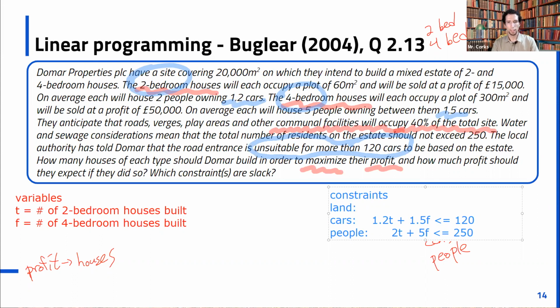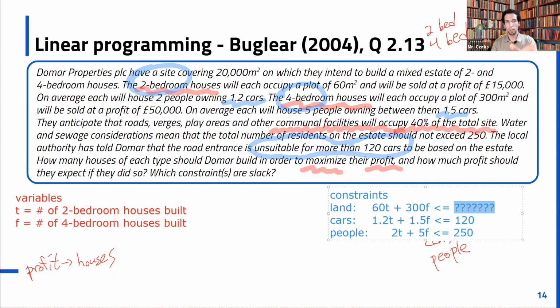Okay, land. Let's do the variable part of the land first, and then we'll see that the other part we've got to do a little more work. So what's... go ahead. 60T plus 300F, for the 4-bedroom houses, is less than or equal to something.